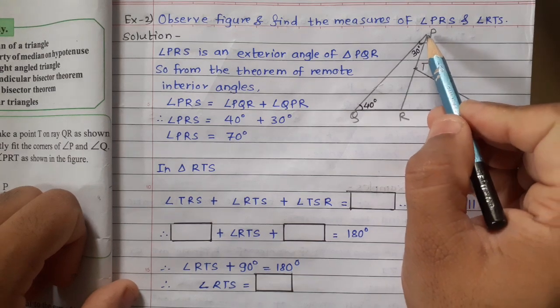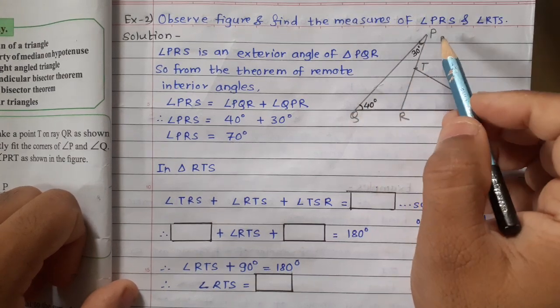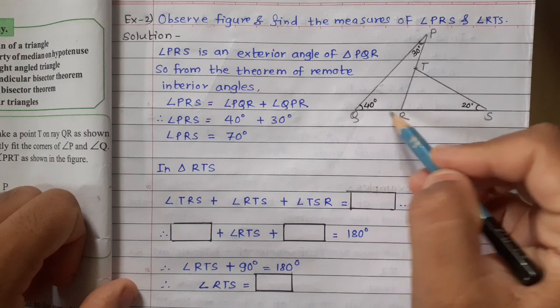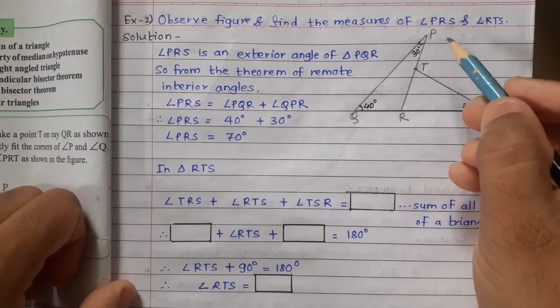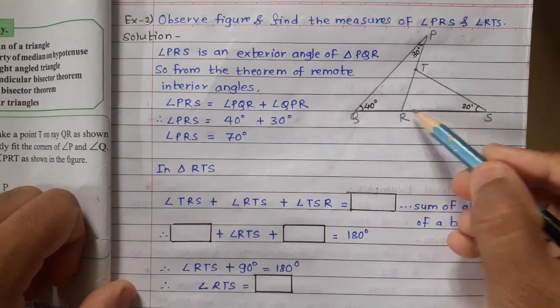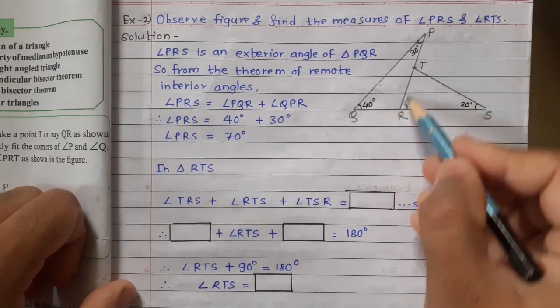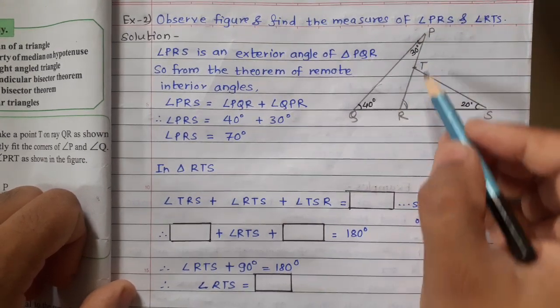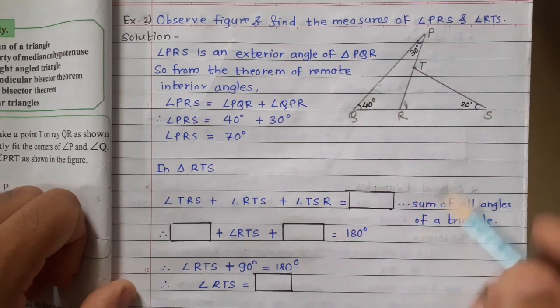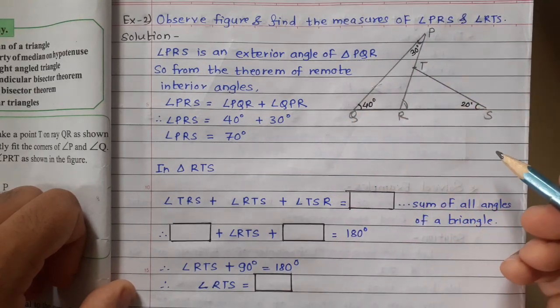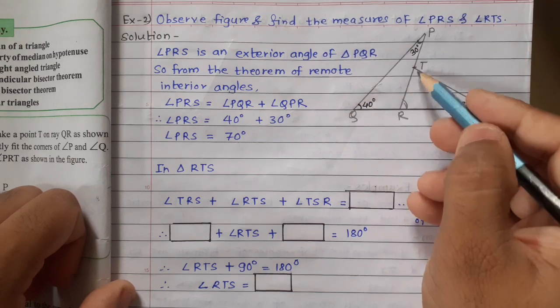See, when we choose triangle PQR, see here, this angle PRS is an exterior angle of this triangle PQR. Angle PRS is an exterior angle of triangle PQR.